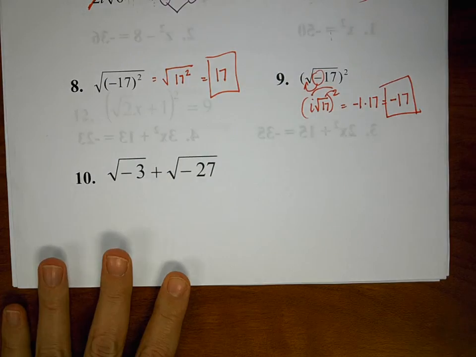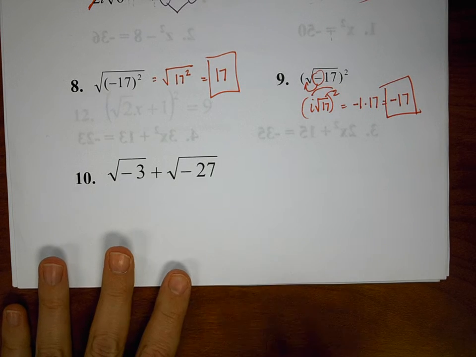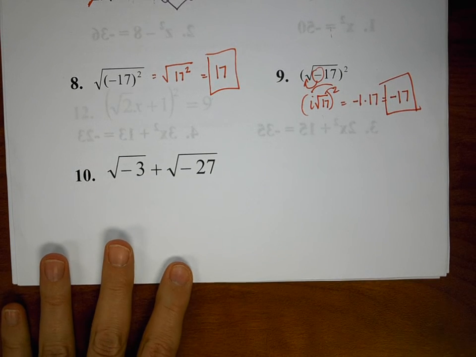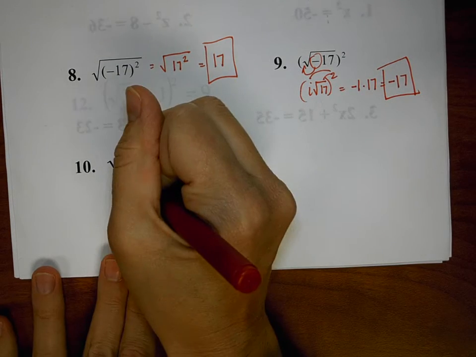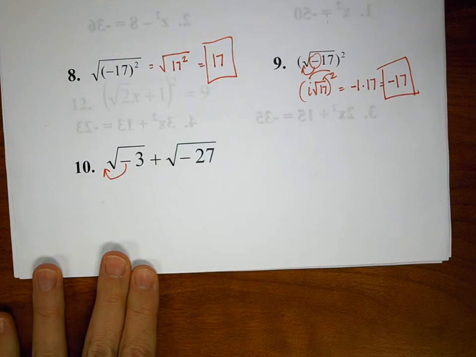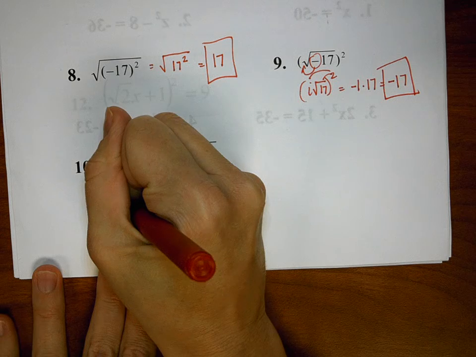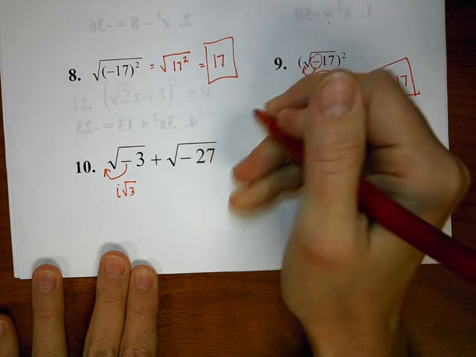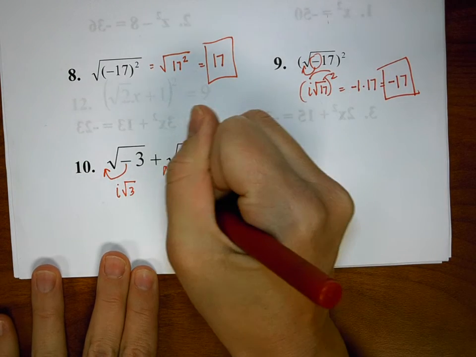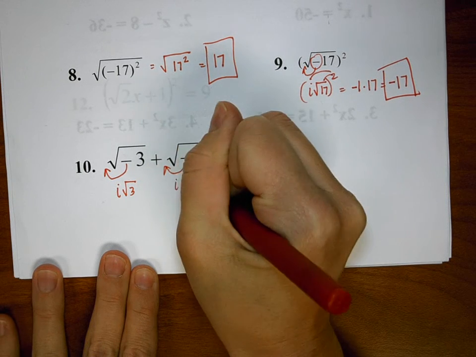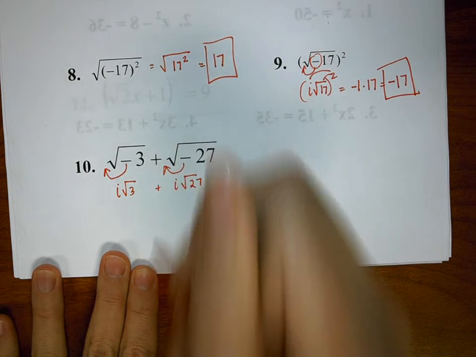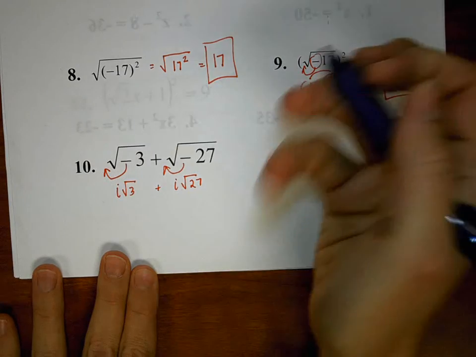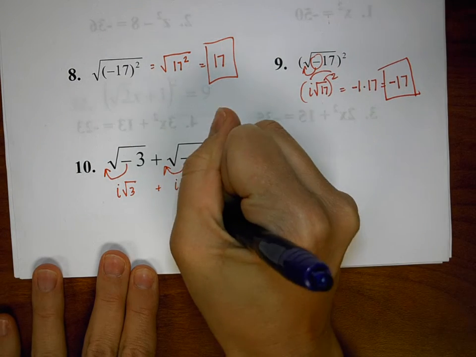Yes, okay. So I'm going to go down here to the bottom real quick so I can hopefully get through this in 15 minutes. So here we pull out the negative and it becomes what? i root 3. Here we pull out the negative and we get i root 27. Can I break down 27? Yes, we get 9 and 3, and 9 is 3 and 3.